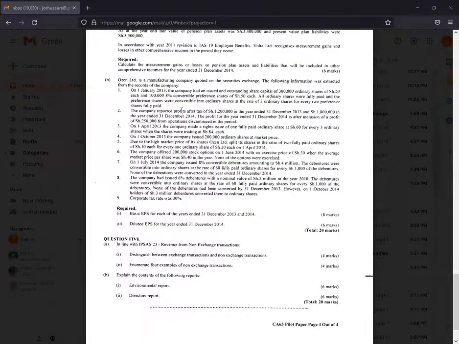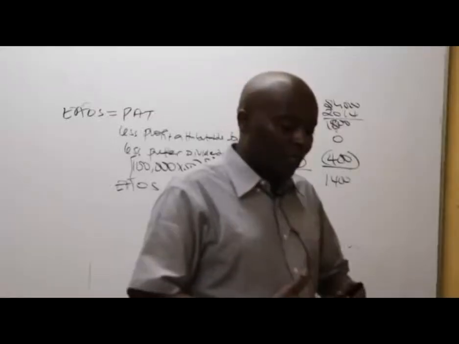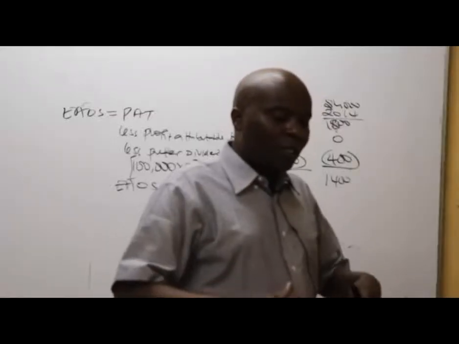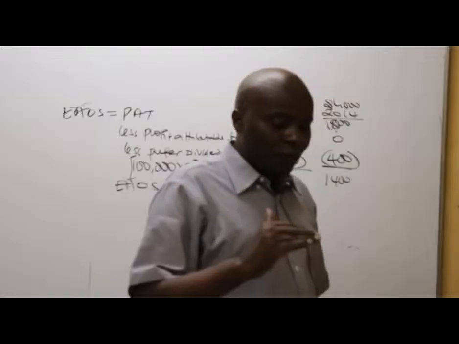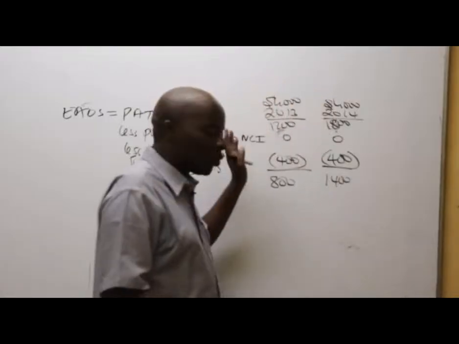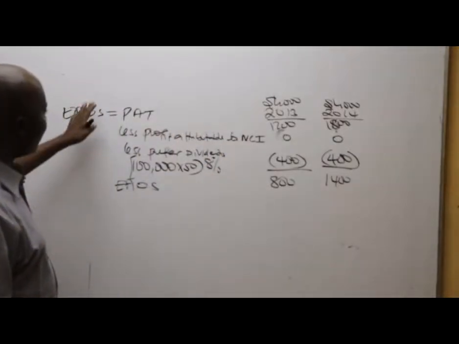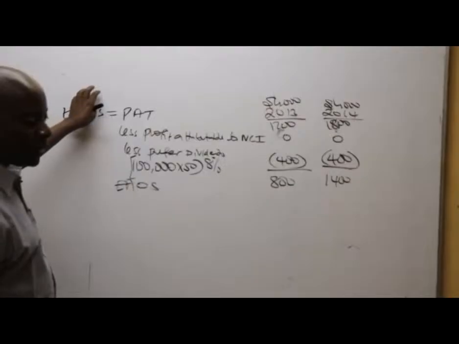When calculating the diluted EPS, you must bring in financial instruments that have the potential of increasing your ordinary shares. That is a dilutive financial instrument. We can't bring those issues here because in part one of this question, we are only computing the basic EPS.